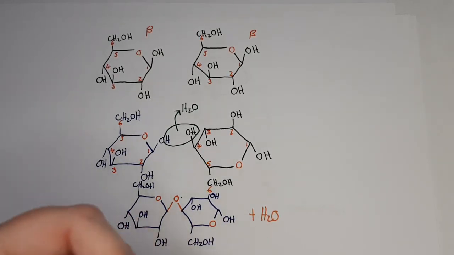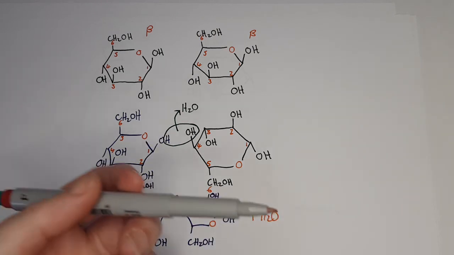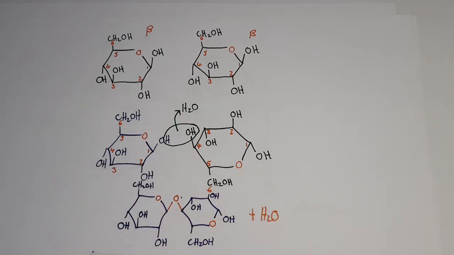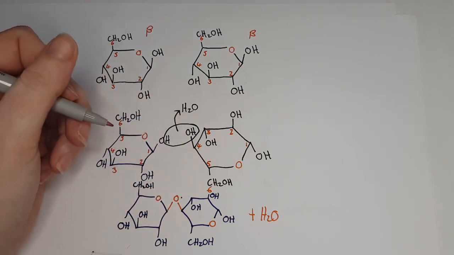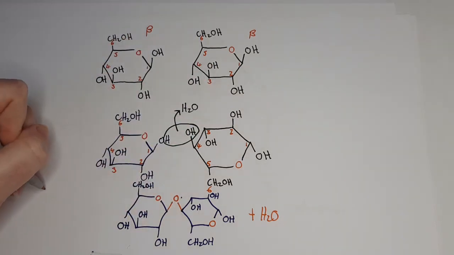So you only need to flip every second molecule in the string. So every second molecule in a beta glucose chain is rotated 180 degrees so that they can line up and make glycosidic bonds.